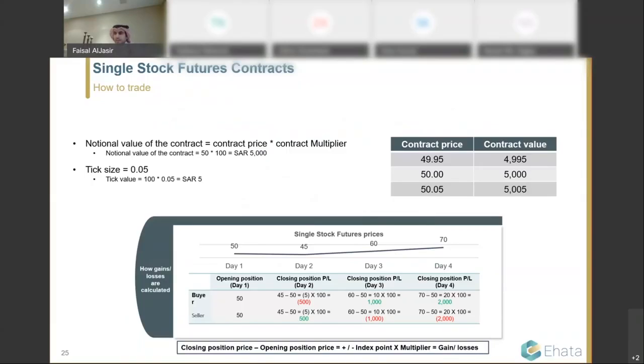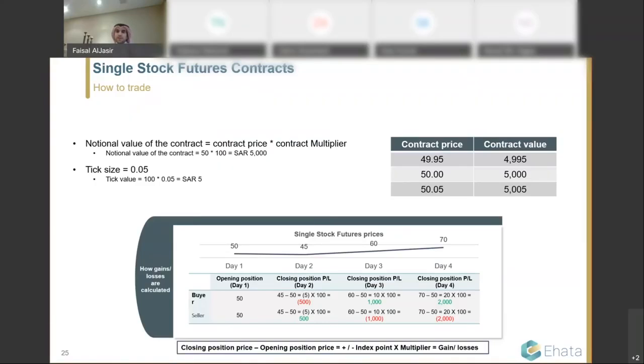Here in the example, we're talking about the same thing. However, in this case, it's not an index future; it's a single stock future contract. The same idea, but if you look, the tick there was around 0.5. We're talking here about a tick of 0.05, i.e., the tick value in Saudi Riyal is 5 Riyals instead of 50. The multiplier is the same, 100.